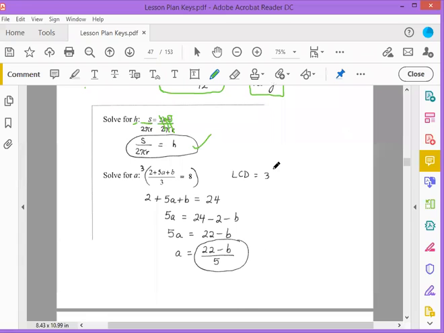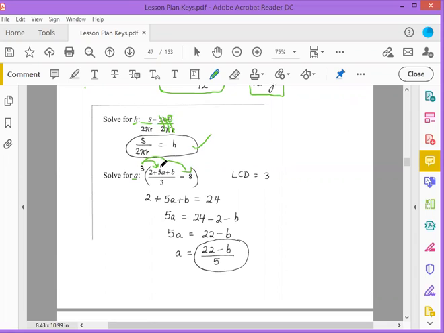All right, the next problem, we're solving for a. And we have 2 plus 5a plus b divided by 3 equals 8. So we'll start by getting rid of this denominator. Since we're dividing by 3, the opposite would be to multiply all terms by 3.